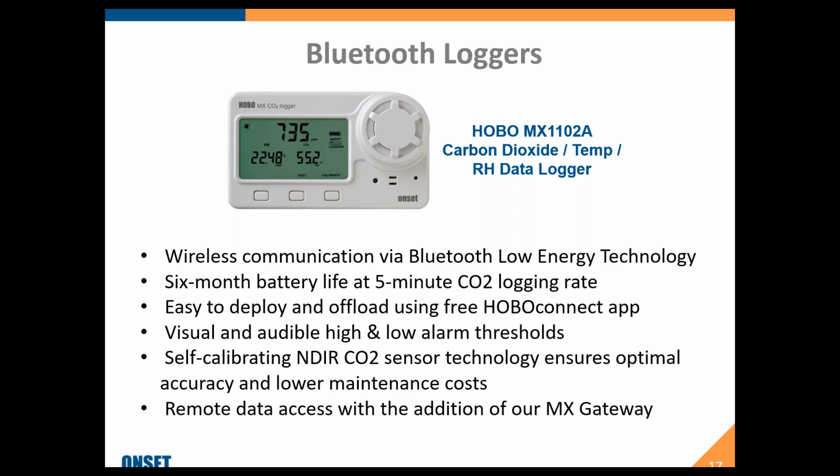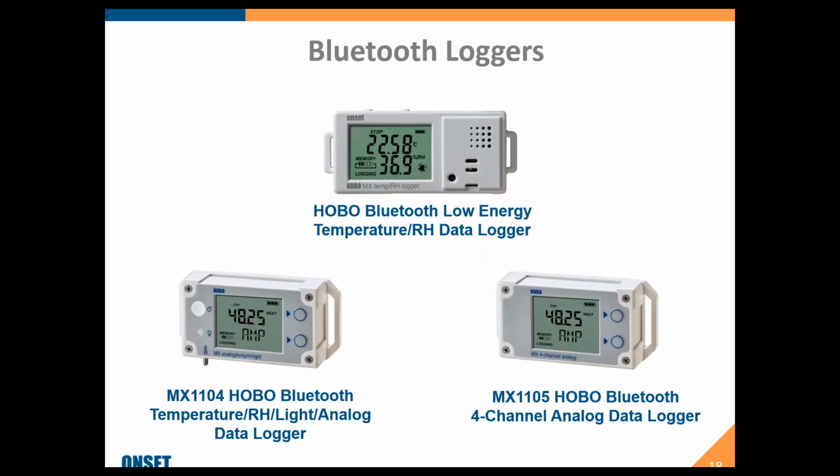Another feature of the Bluetooth loggers, really any of our MX loggers, is that they're compatible with our MX gateway, which is really going to be the more hands-off approach where you just configure it initially and then the data will go to our HoboLink cloud. Some of the other Bluetooth loggers that we have are our MX1101 temperature relative humidity logger, and then our newer analog loggers that we just came out with, the 1104, which is the temperature relative humidity light, and then an additional external channel.